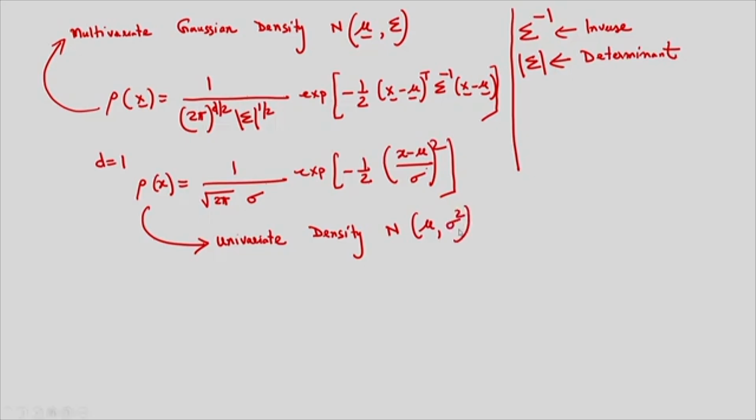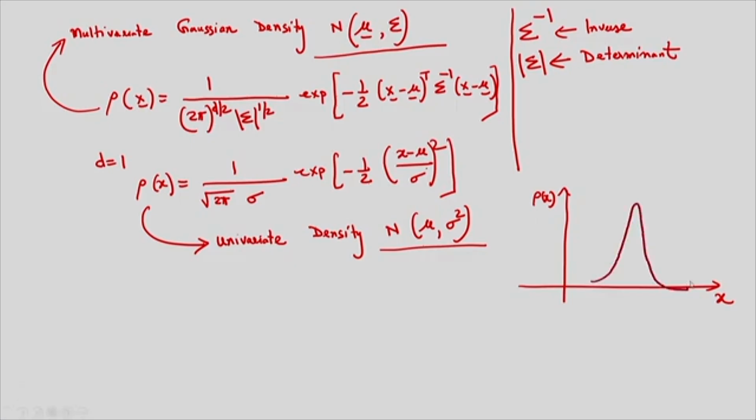In case of the multivariate Gaussian density, I have two parameters: the mean vector and the covariance matrix. In case of the univariate density, I have two parameters, one is the mean, another one is the variance. Let us see how to draw this Gaussian. Suppose I am plotting the density with respect to x. I am considering two Gaussians. The first Gaussian is something like this, and the second Gaussian is something flat, and the mean of these two is the same, the mean is mu.